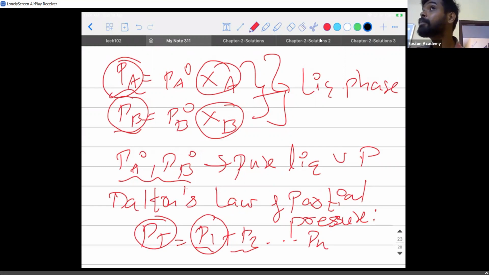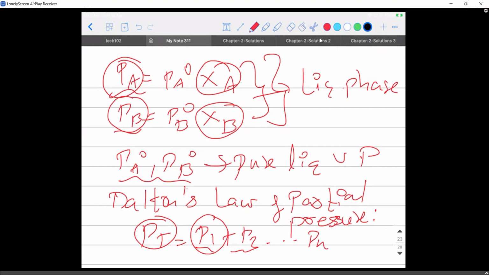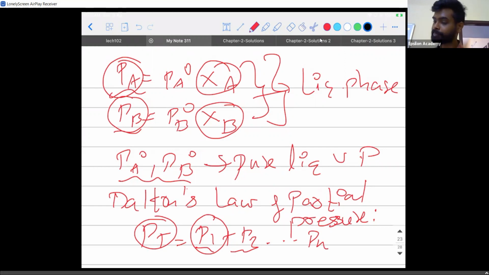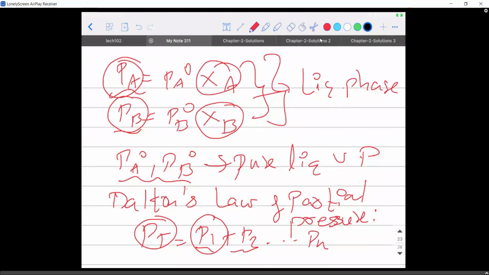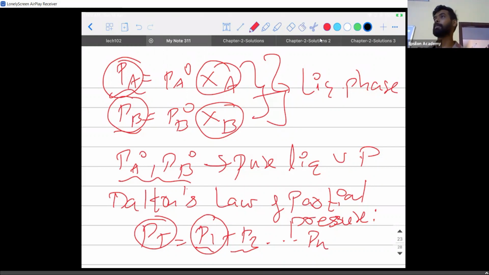The vapor pressure of pure liquids. When I have the pure liquids A and B separately, they will have some vapor pressure. That vapor pressure is PA naught and PB naught. When I have the pure liquid, what is the vapor pressure? That is PA naught and PB naught.